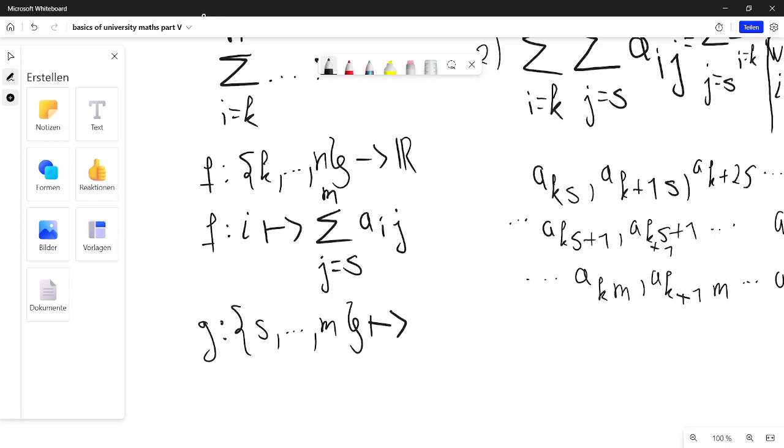Well, this thing is much more familiar when we fix an I. A_ij. And here you have to keep track of what is fixed where. That is, for each such I, we actually have such a sum over the evaluations of G.